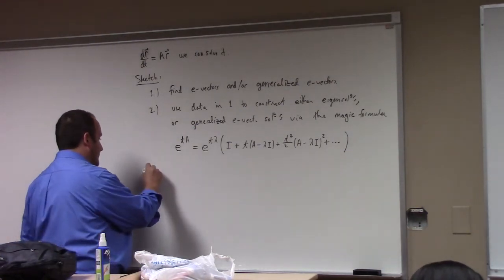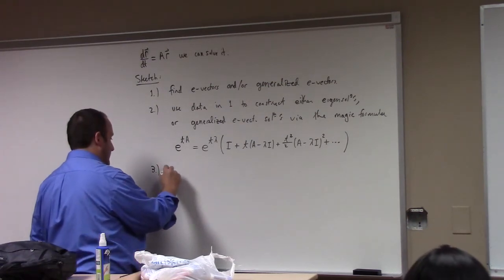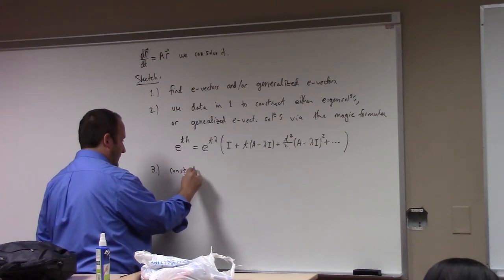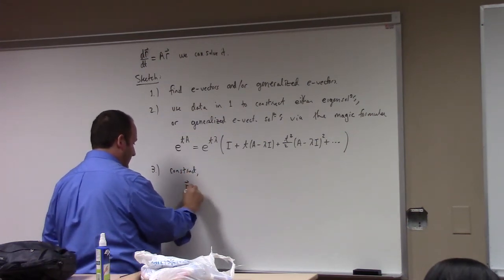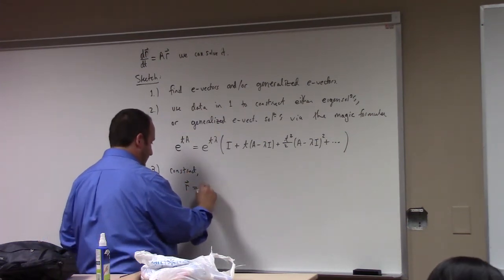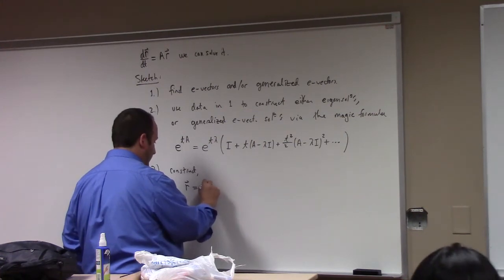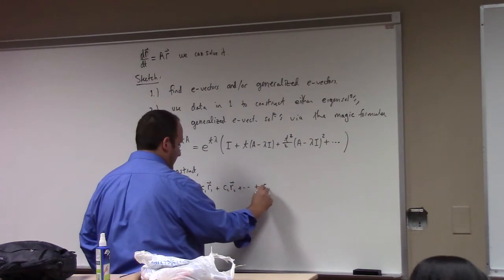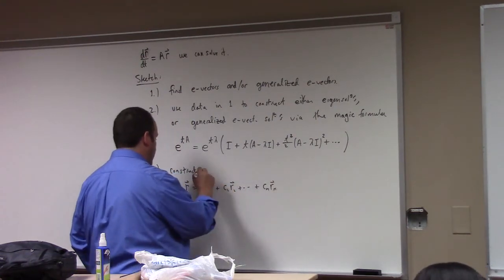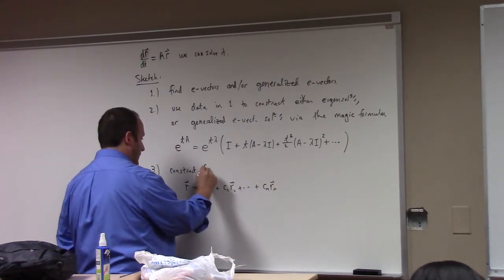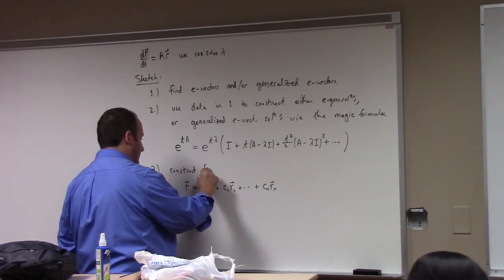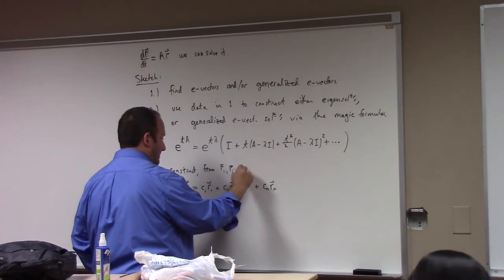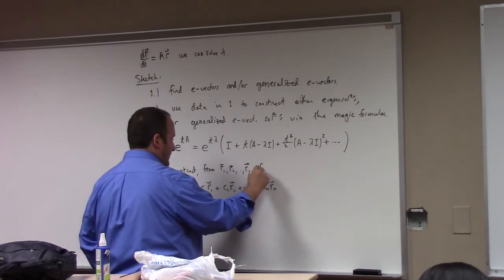And then 3 is, construct r = C1 r1 + C2 r2 + ... + Cn rn from r1, r2, ..., rn found in 2.